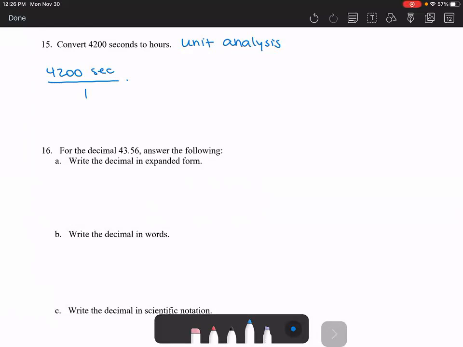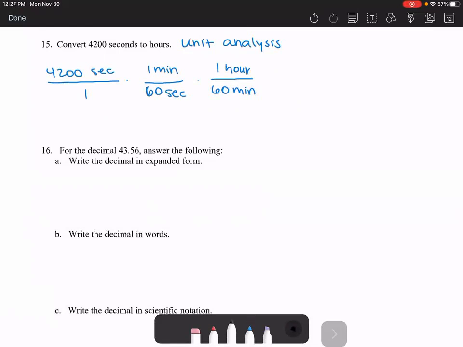We're always going to put our units diagonal from each other. So we know that there are 60 seconds in 1 minute, and, oh, sorry, that should have a 1 minute. Besides that 1 in the first denominator, everything else is going to have a unit on it. So there are 60 seconds in 1 minute and 60 minutes in 1 hour.